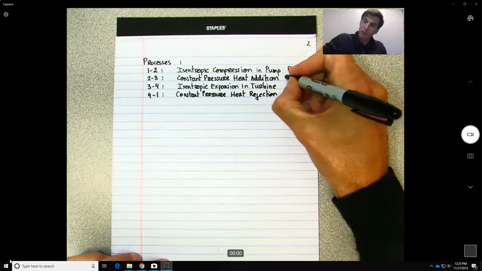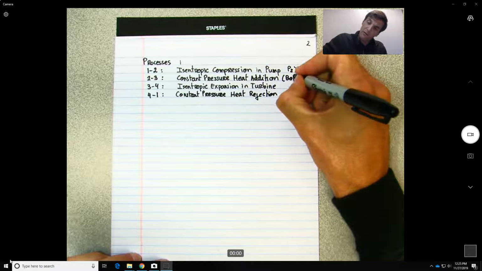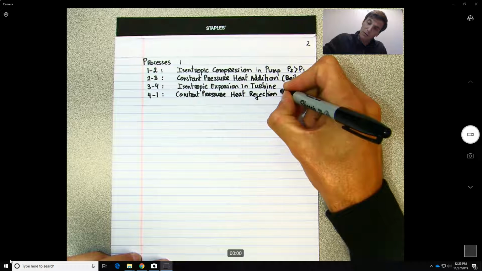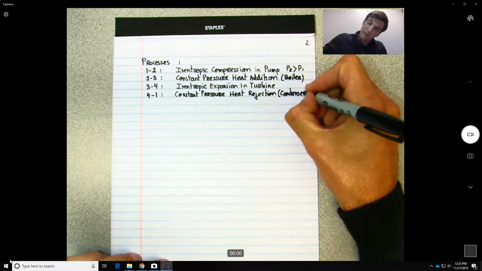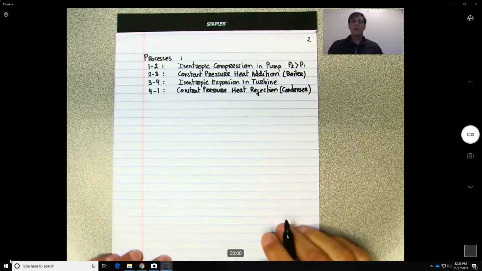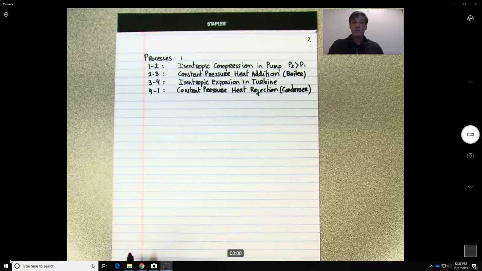So this happens in the boiler. This will be in the condenser. Okay? So you see it's not that complicated.